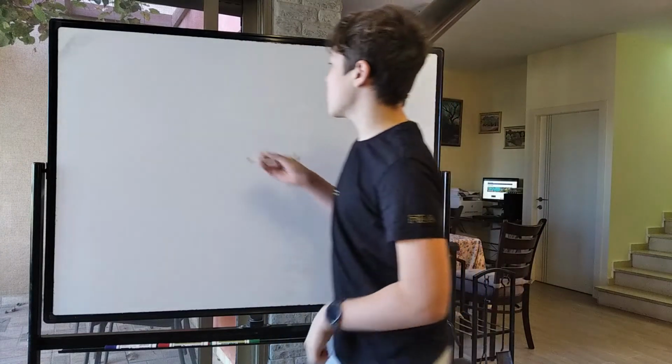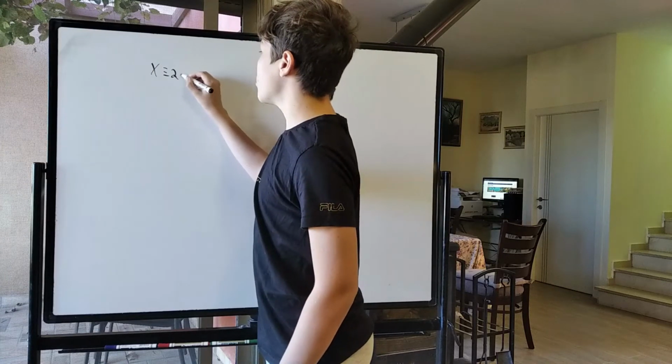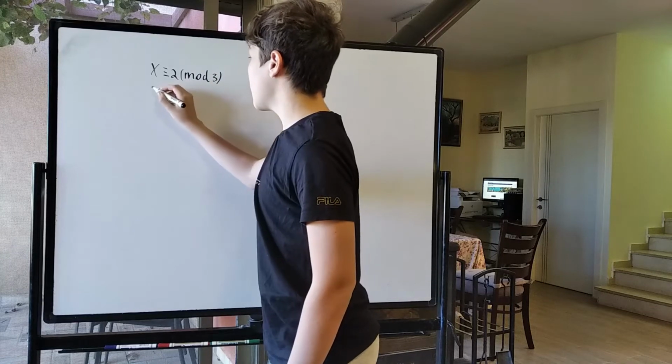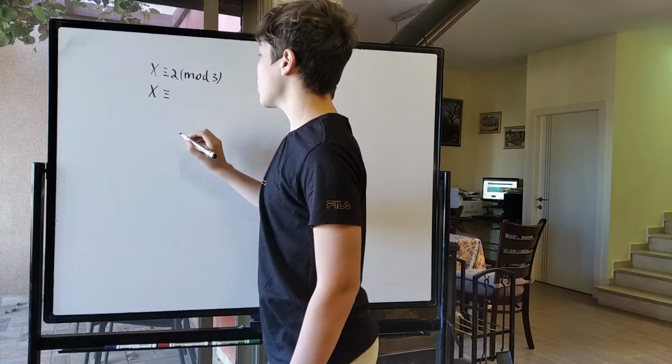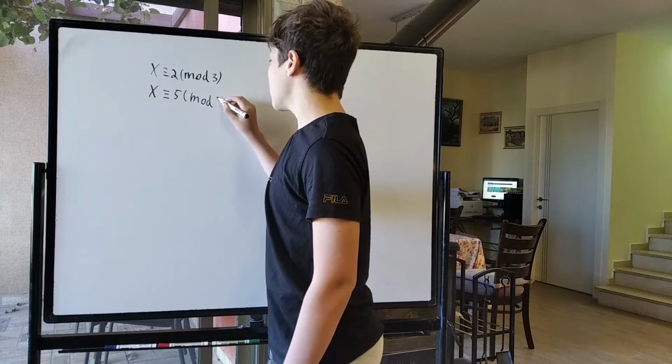So equations will be something like x is congruent to 2 mod 3 and x is congruent to 5 mod 7.